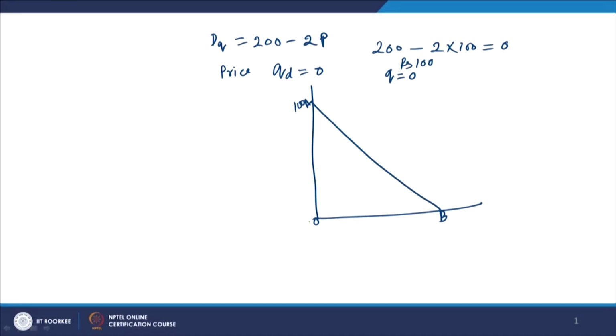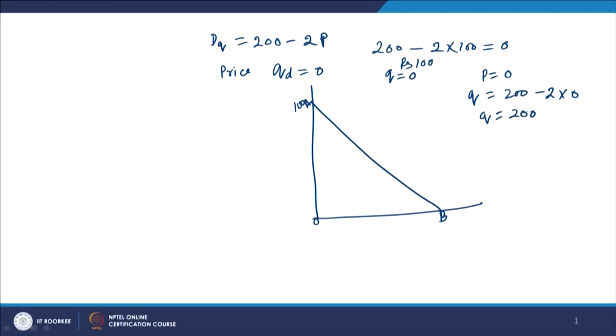Similarly, you can also see the maximum quantity when price is 0. If P is equal to 0, how much will be the Q? Q will be 200 minus 2 into 0, Q equal to 200.